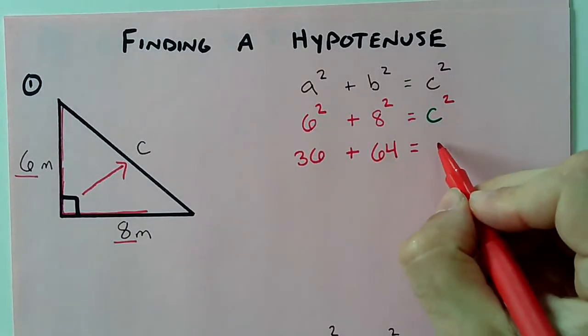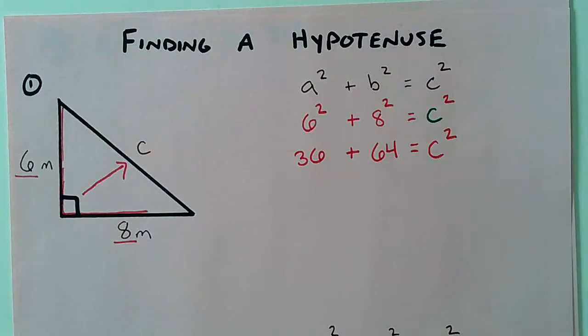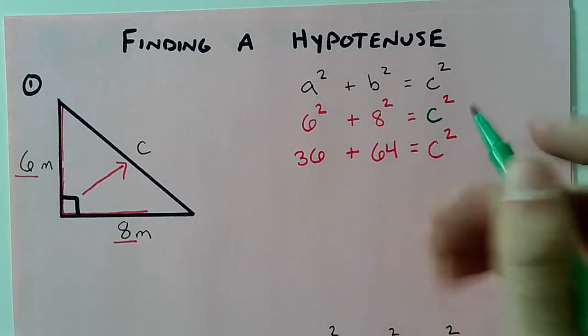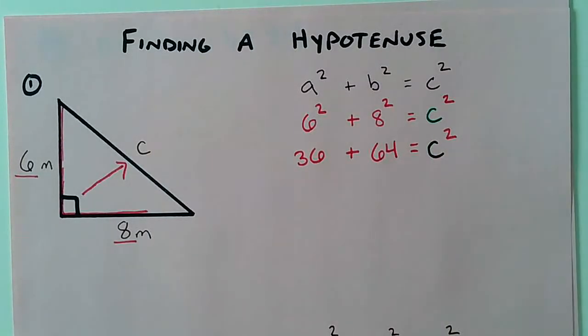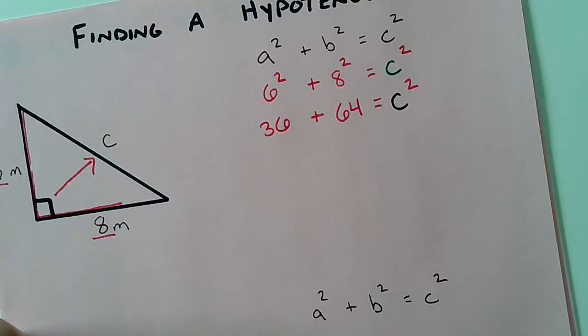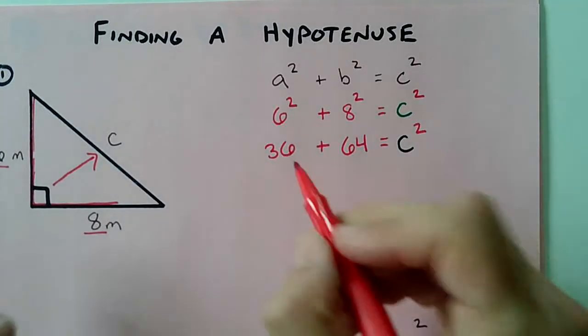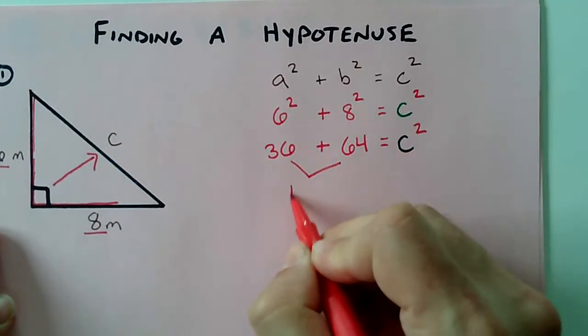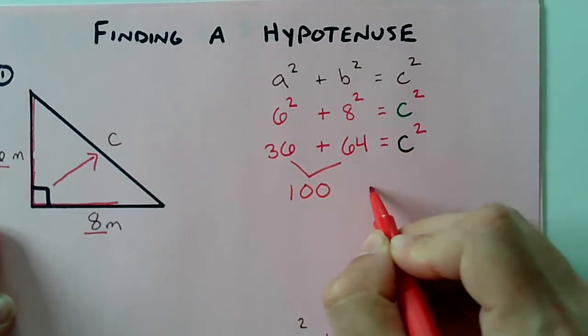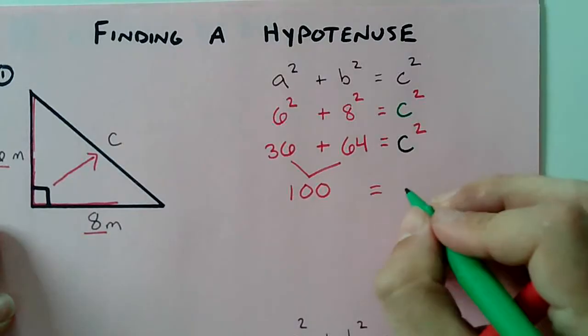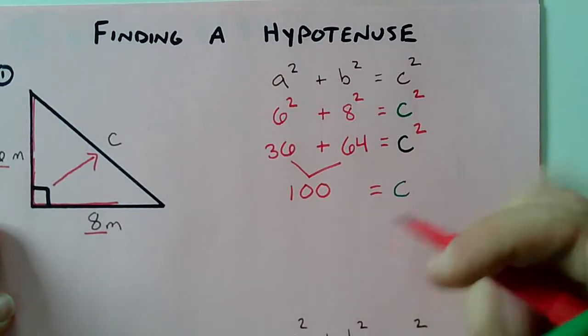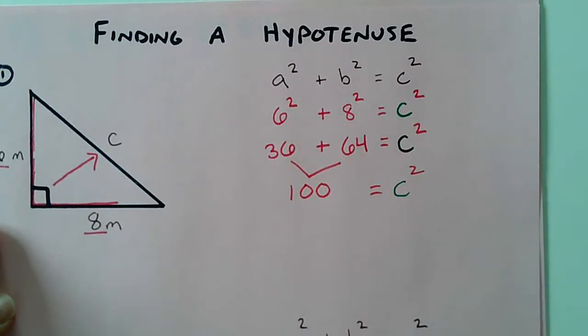So all I can do is write C squared. Probably should have done that in green just to, let's just do that. So C squared. I can't evaluate it if I don't know what it is. Now what can I do? Well, I can put these together to make 100. Still don't know what C squared is, so I'm going to put C squared.